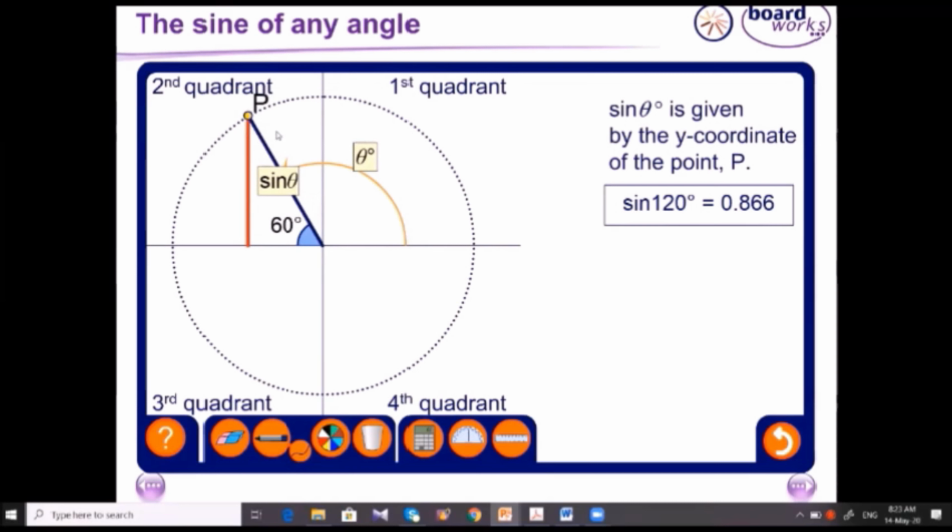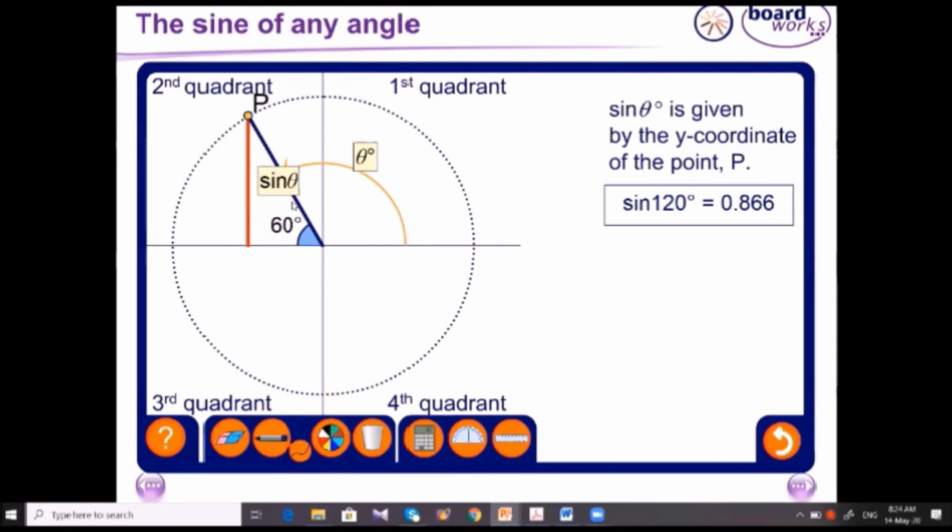Now, like I showed you yesterday, this is 120 degrees, but at 120 degrees that gives me a right triangle in quadrant number 2, the second quadrant, which is the upper left corner of your XY plane.